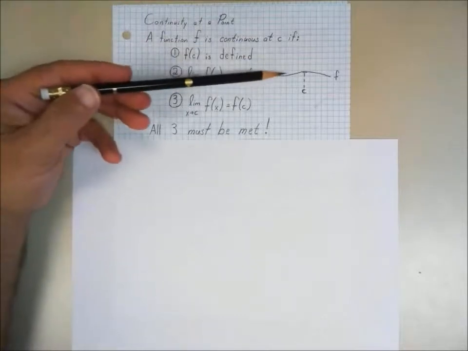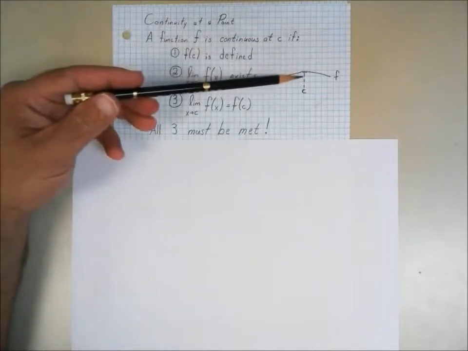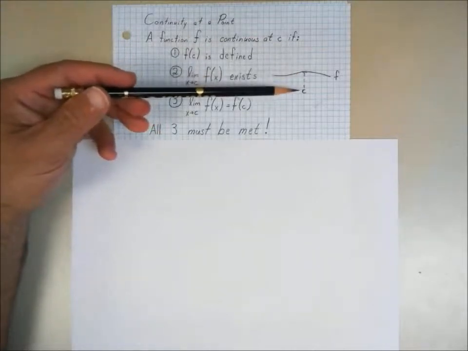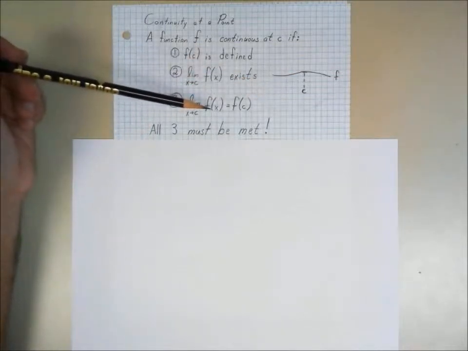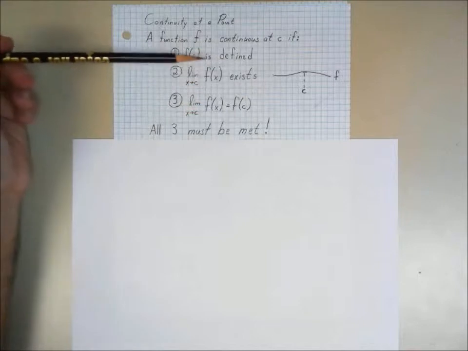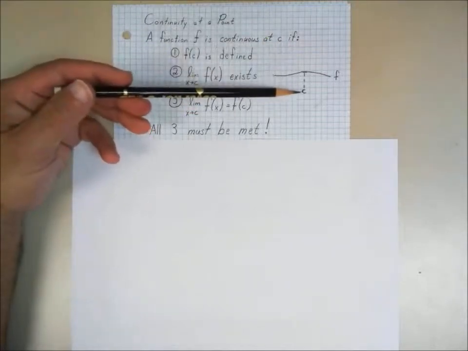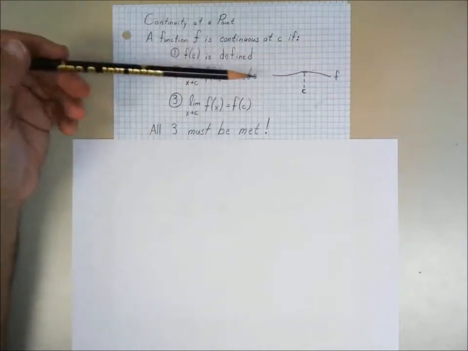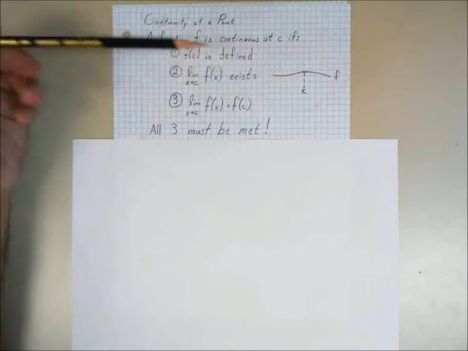Whatever the limit is approaching on both sides, it has to be the same thing as the value at that point. If all three of those things hold true, then we say that function f is continuous at that point. So if c is 2, we'd say it's continuous at 2. Doesn't mean it's continuous throughout the whole function, just at that point.